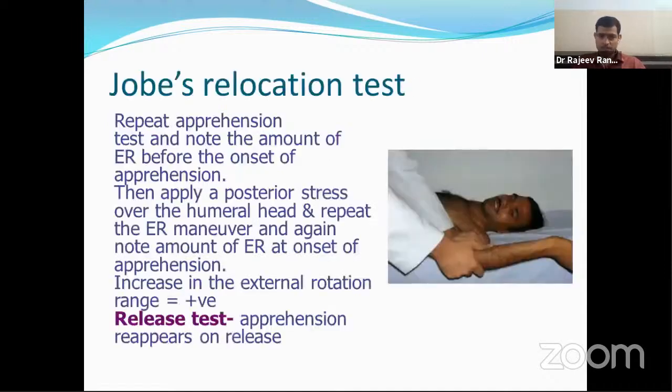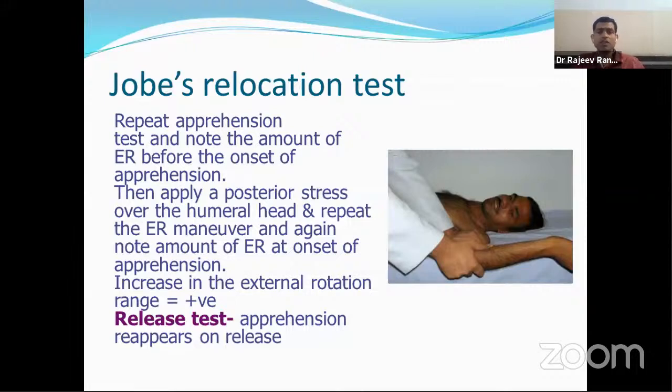Jobe's relocation test. In this case, we have to repeat the apprehension test and note the amount of external rotation at the shoulder needed to produce the apprehension. Then a posteriorly directed stress is applied over the humeral head, and that external rotation maneuver is repeated again. And then we note the difference in the range of external rotation for producing the apprehension.